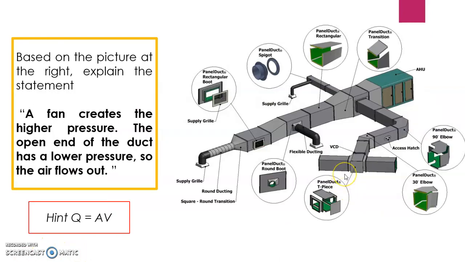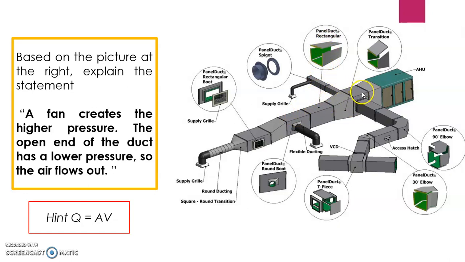Now I have another example, a quite clear picture of the ductwork system. This will be our air handling unit. This is what we call the main duct, and they are using a rectangular duct.